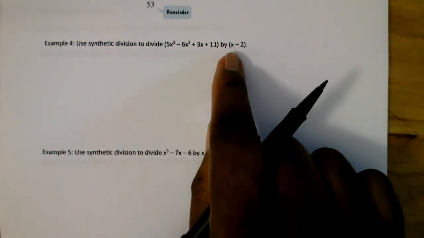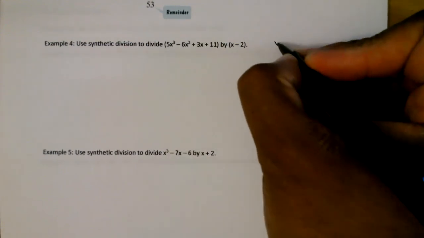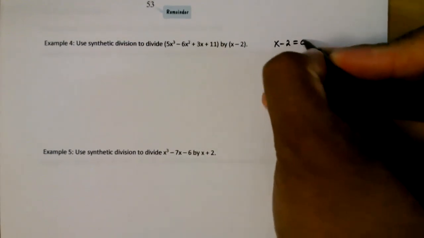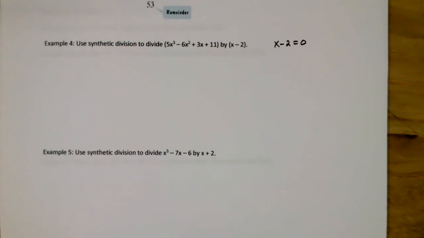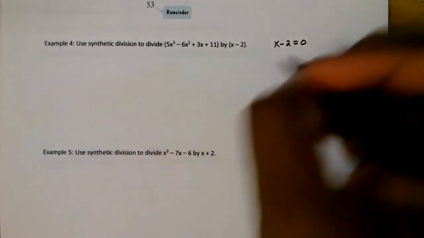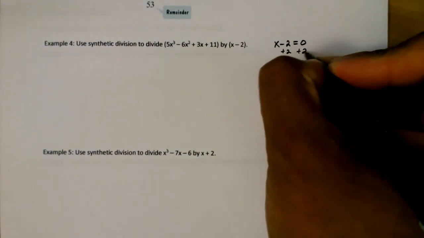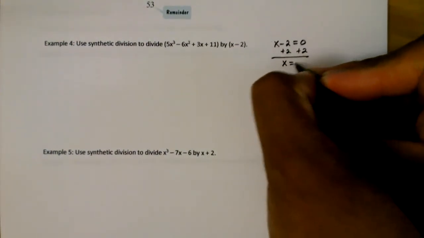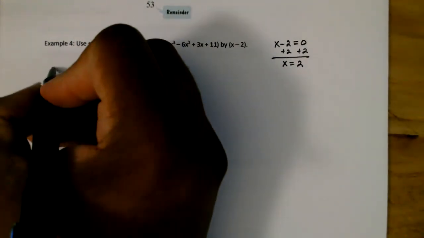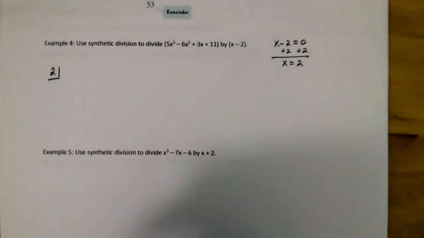The divisor is going to be the x minus 2. What I'm going to do here is set that equal to 0 to find out what divisor I will use in synthetic division. So for x minus 2 is equal to 0, if I add 2, you'll get x is equal to 2. So my 2 is the divisor.